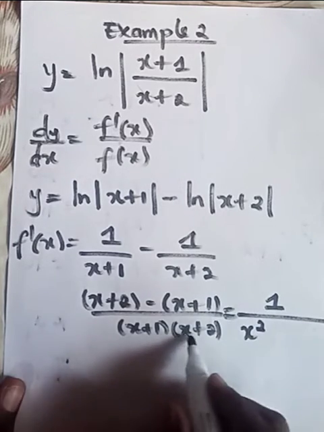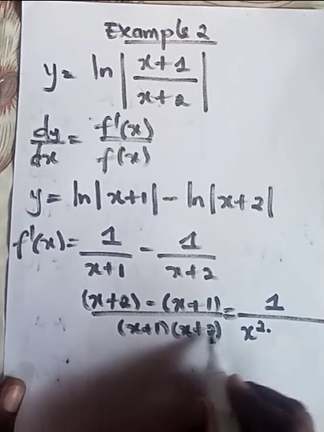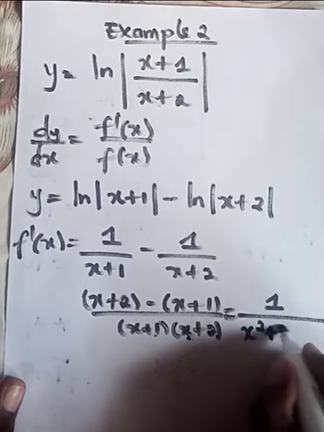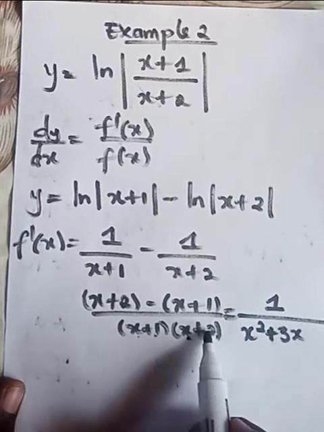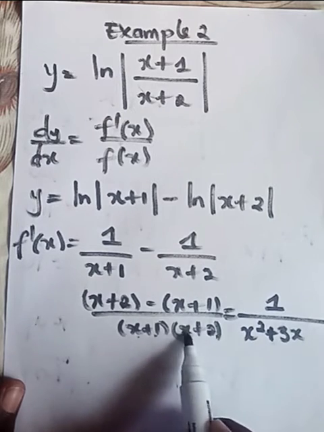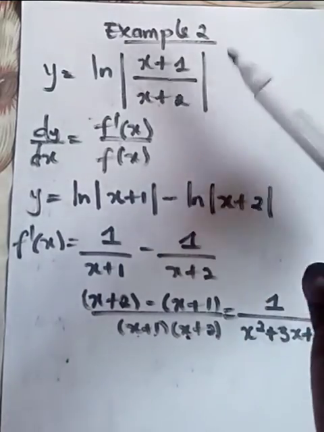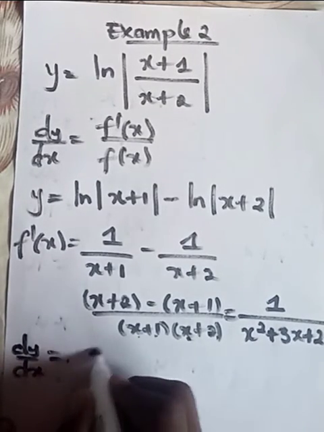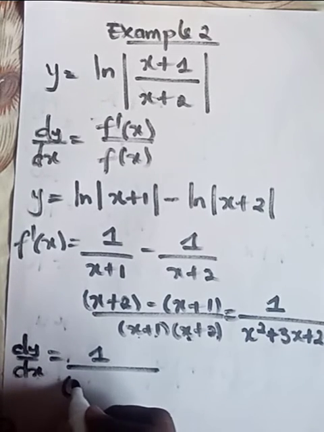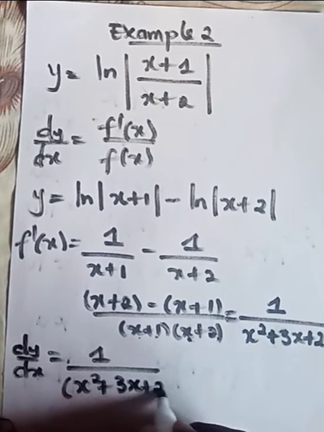x squared. Here multiply: x squared, and then plus a 2x from here, and an x from here. That's a 3x. Then plus what? Here gives me an x squared, here gives me 2x, here gives me x, and plus a 2. Good. So that's it. And now I can divide it by all this function, which is now going to give me dy/dx equals 1, all that on x squared plus 3x plus 2.